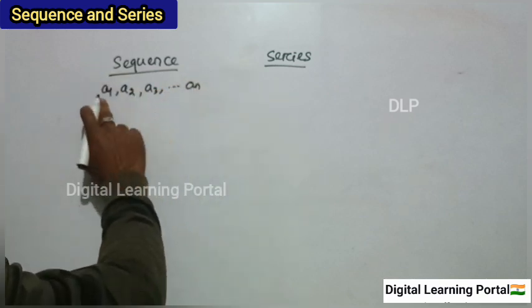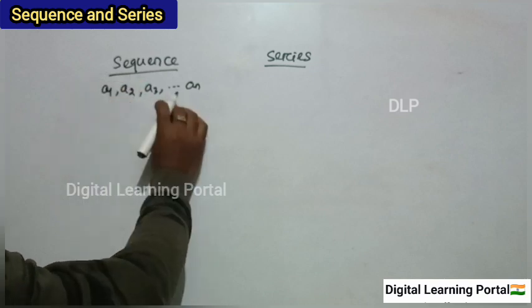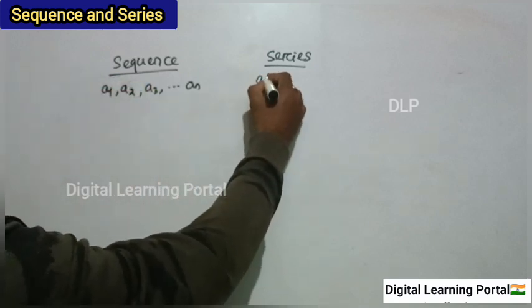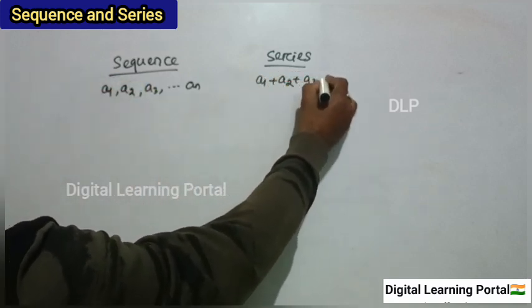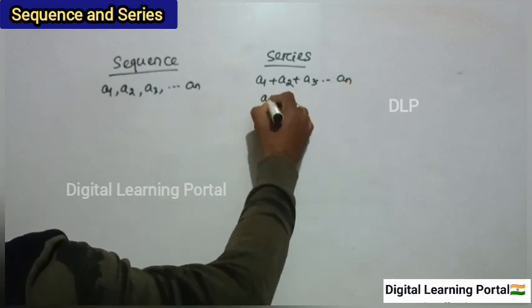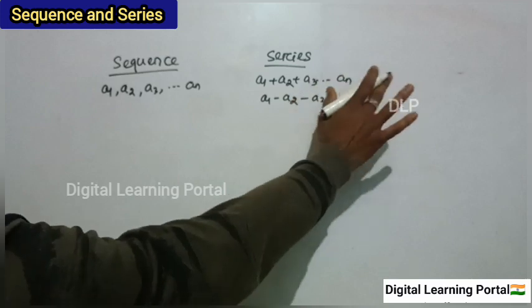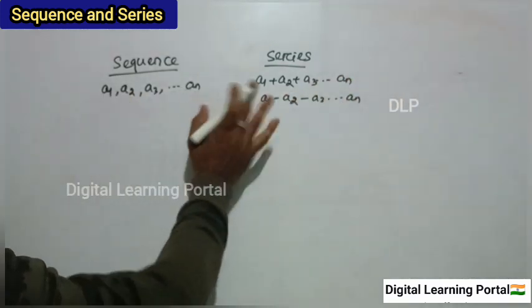Sequence means we can separate the elements by using commas. And series is the separation of any two elements by using addition or subtraction. This is the basic difference between sequence and series.